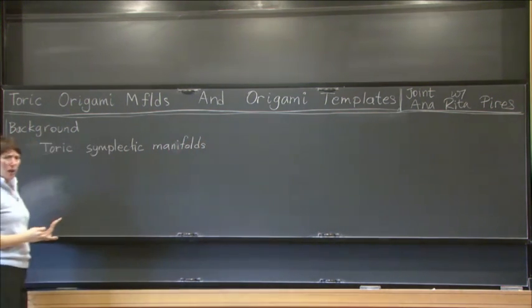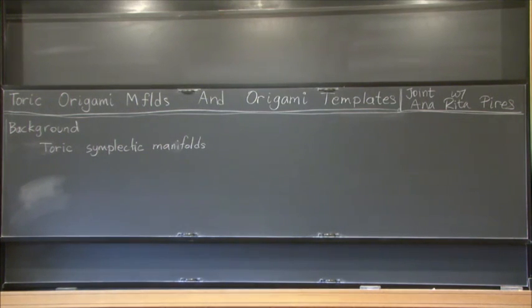I'm inclined to do as much combinatorics and as little geometry as possible. Is that the right way to default? Okay, and anywhere you want me to go back to geometry, tell me.